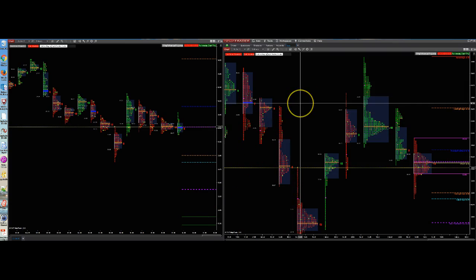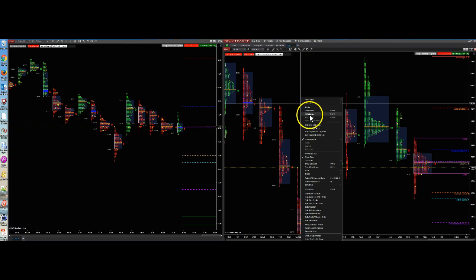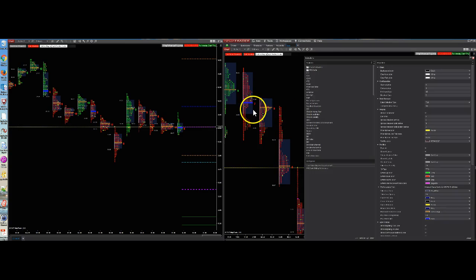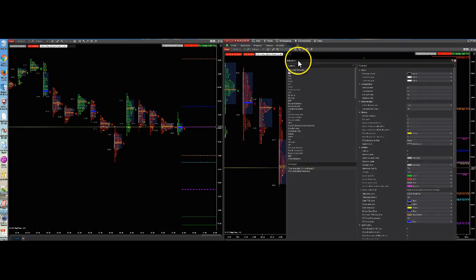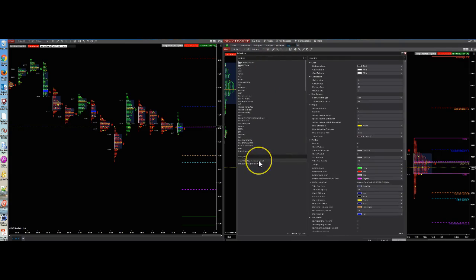If you look at the profile here on the right, the chart on the right, sorry, if you right click on it, I'm going to click on indicators and the time value map here. Under the configuration category, I have the minimum bar and breakout bar properties.